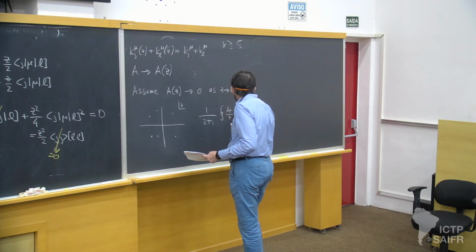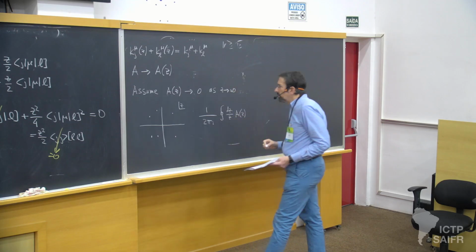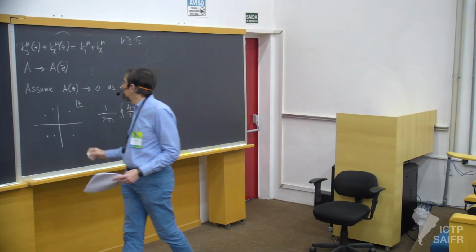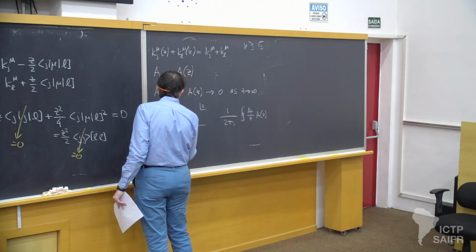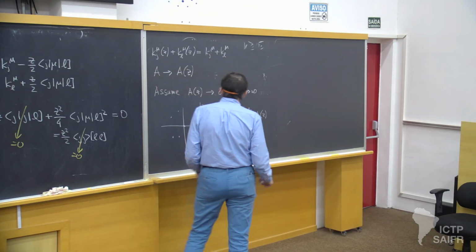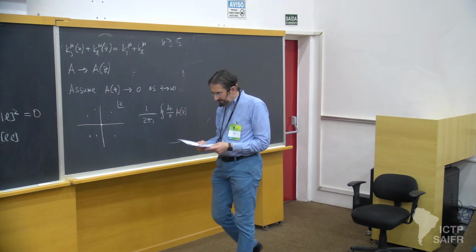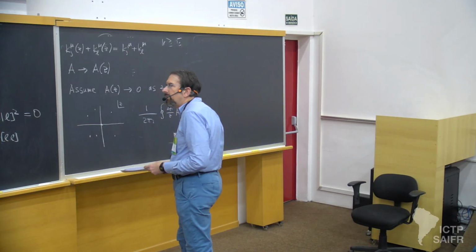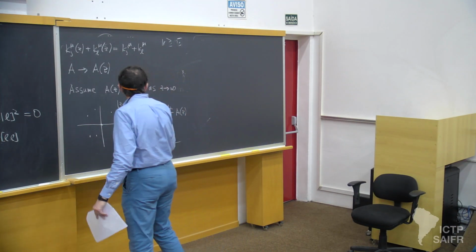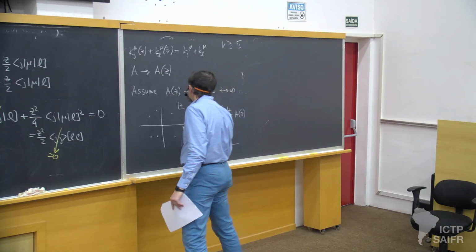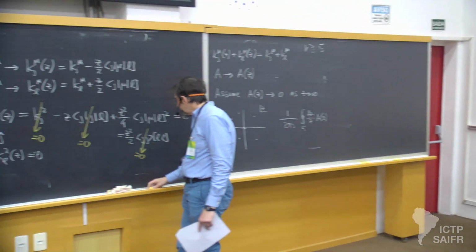So it's not going to be just the integral of A(z). We're also going to divide by z. So we know that there's going to be a pole at the origin. And then in general, A(z) is some rational function of z, so it can have poles scattered elsewhere in the complex plane. So we're going to take a contour here that is the circle at infinity.